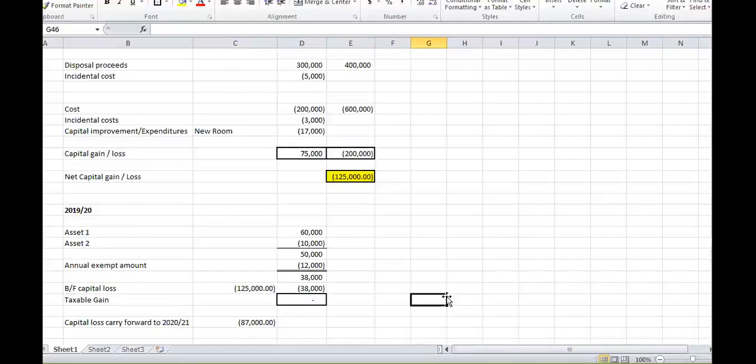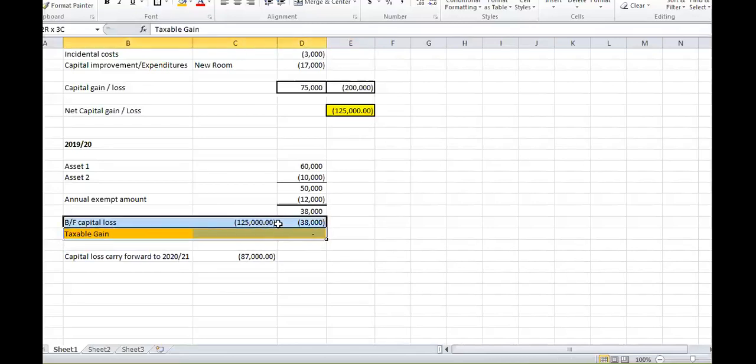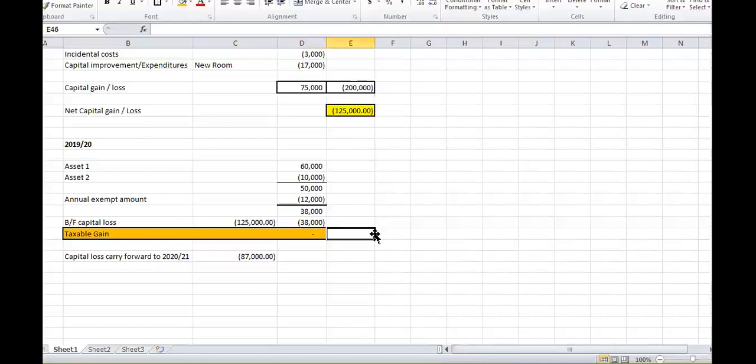And we can carry forward capital loss for indefinite time periods. So unfortunately, in this example, taxable gain is 0. But if there is a taxable gain over here, we will pay tax on that gain.